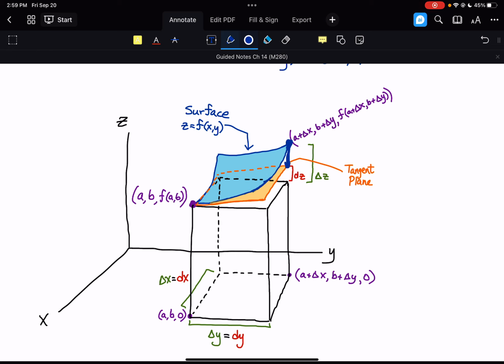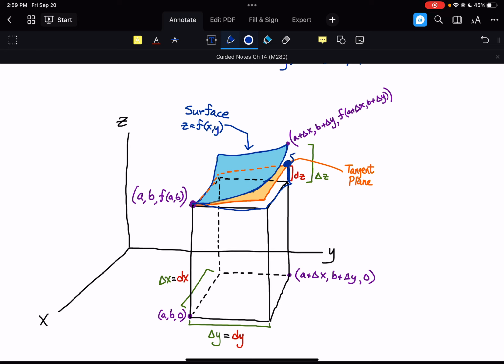Again, not exact, but it can be a fairly close approximation. This change in height is called dz, that formula we've been looking at. So we're using dz to approximate delta z, the actual change in the function. If we can't get the actual change, we get the approximate change.